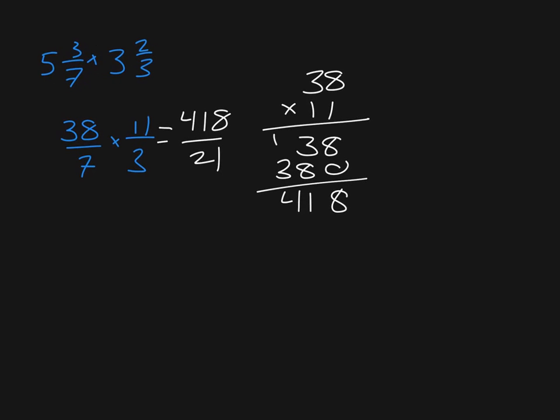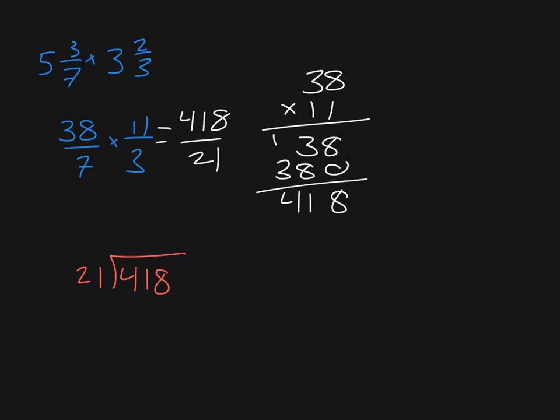So we will need to divide 418 divided by 21. Know that 21 can go into 410 10 times without going over. So that's 210, 208.